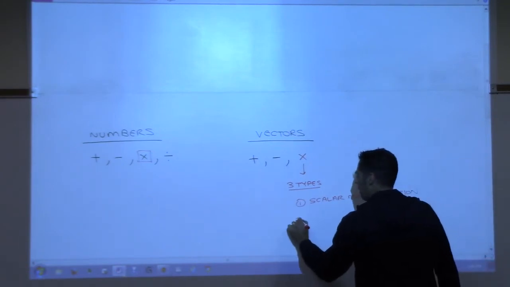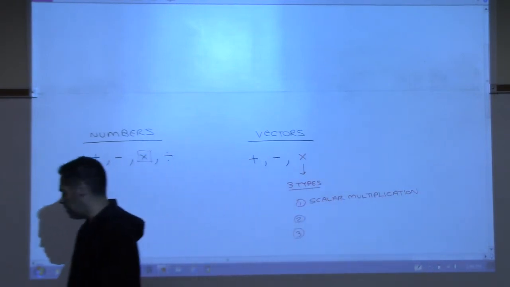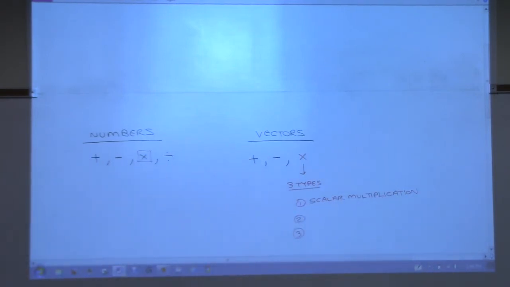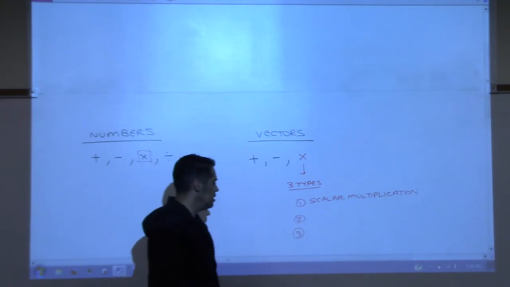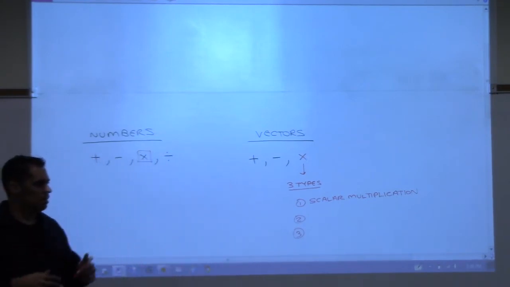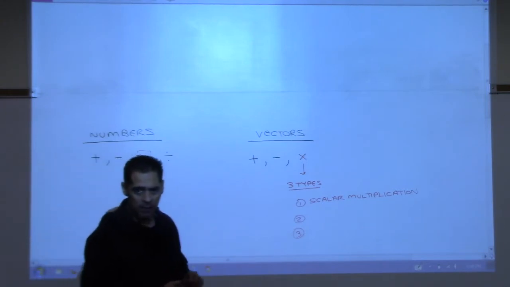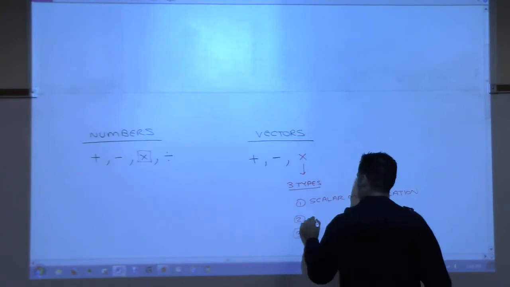The second type and third type, I'm going to see if anyone knows what they are. Anyone know the second and third type of multiplication? If you have two vectors and you're trying to multiply them together, if I say it, some of you I'm sure have heard this before. The dot product, have you ever heard that before? No?